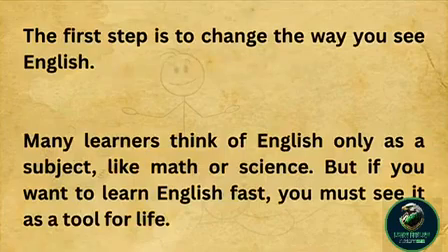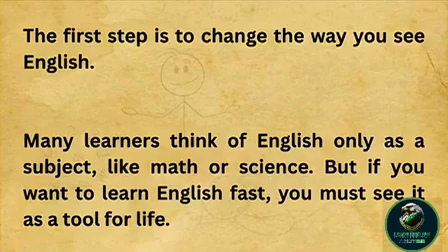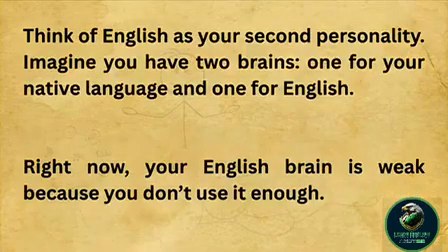The first step is to change the way you see English. Many learners think of English only as a subject, like math or science. But if you want to learn English fast, you must see it as a tool for life. Think of English as your second personality.